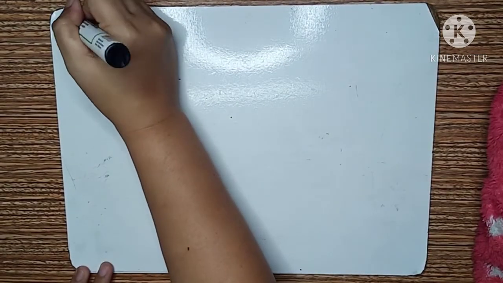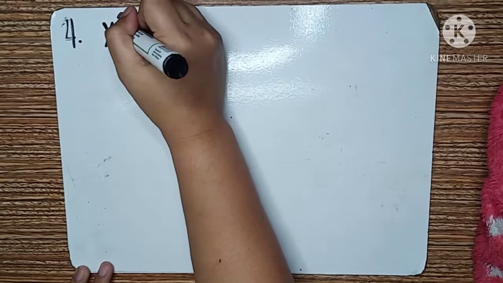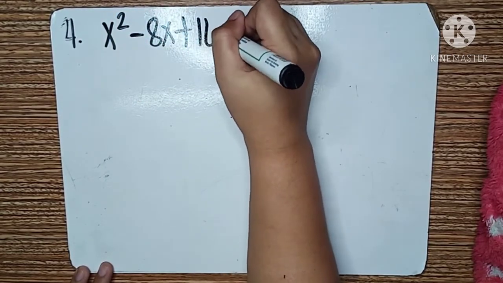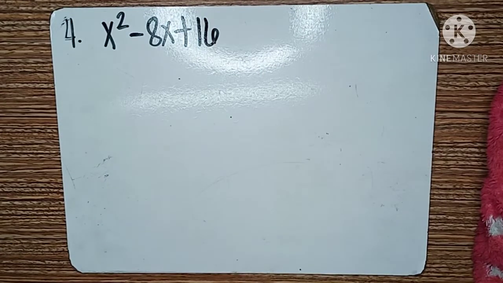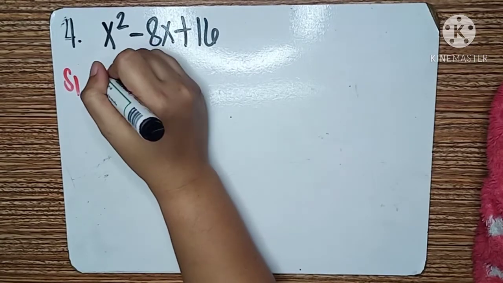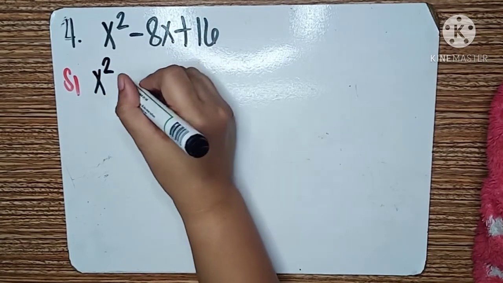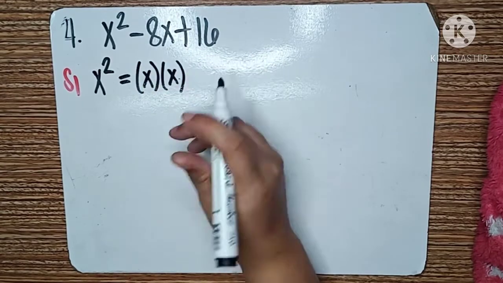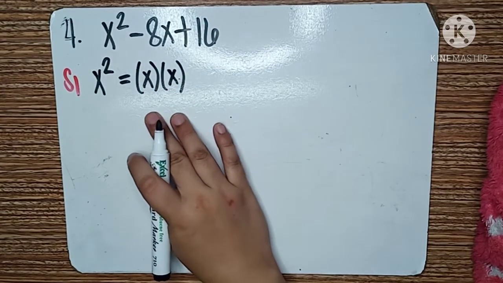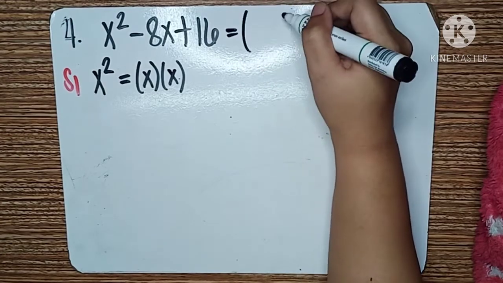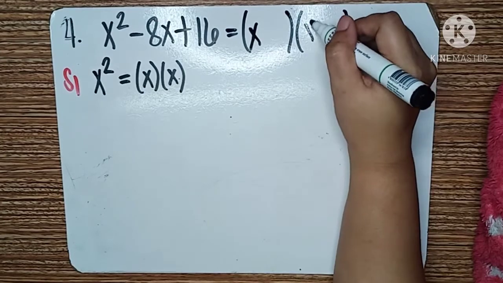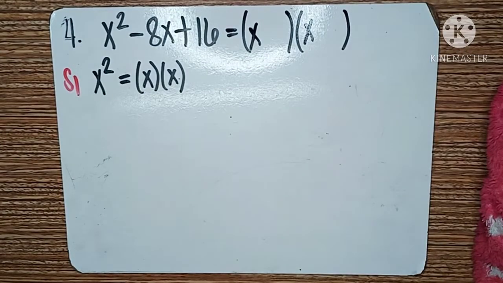Example number 4. X squared minus 8x plus 16. Step 1. We'll expand x squared, and this is now equal to x times x. This x will become the first term of each binomial factor.